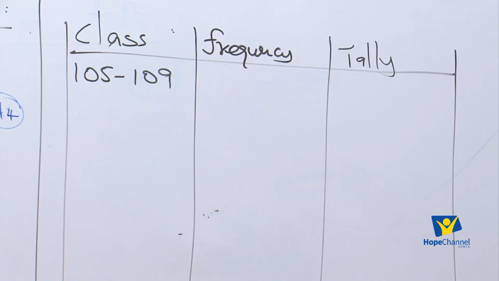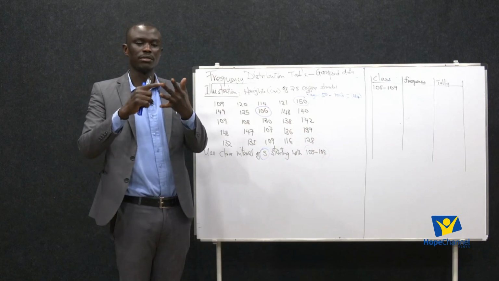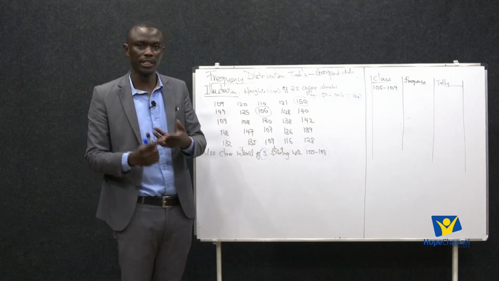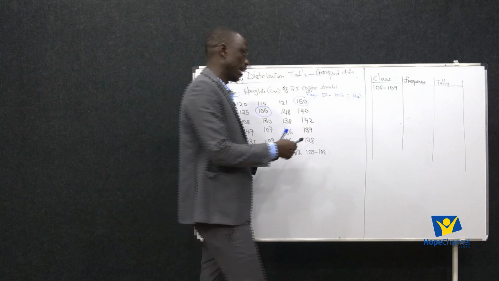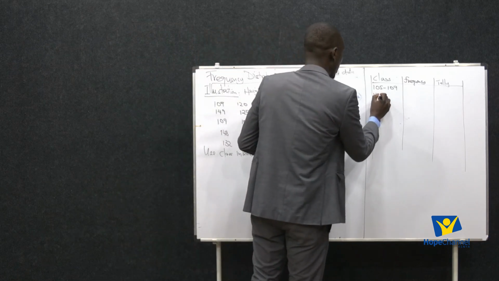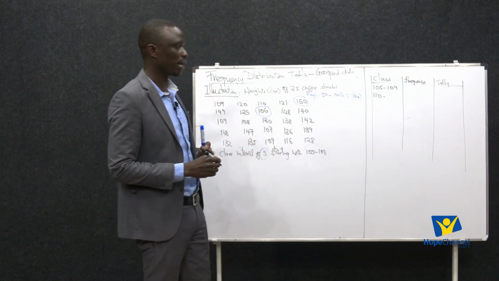Remember, the class interval is what? The class interval is 5. I said you can do it manually. You can say 105, 106, 107, 108, 109. That is 5. So the next class should begin with 110.